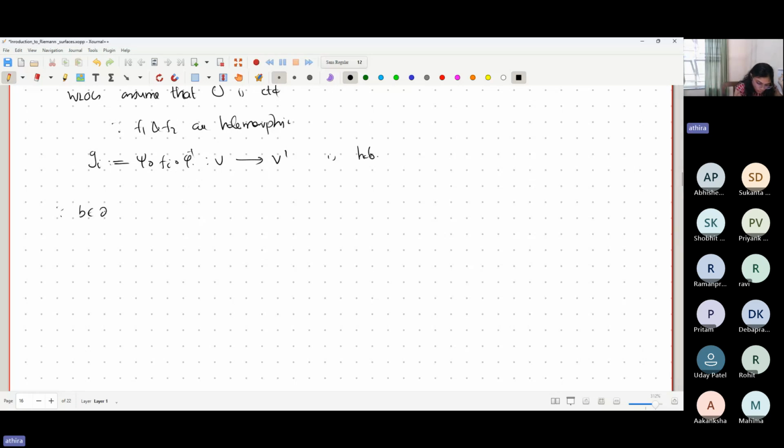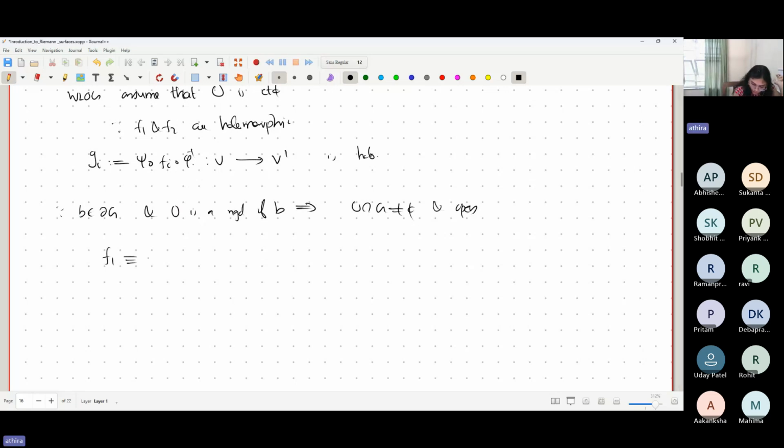Since B is a boundary point, U is a neighborhood of B. This means U intersection G is non-empty and open, because G and U are both open.